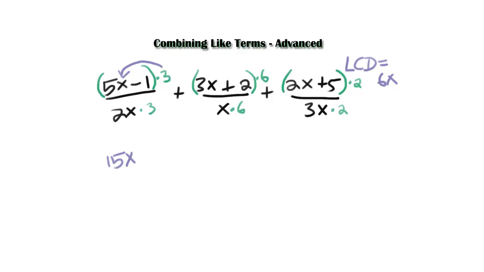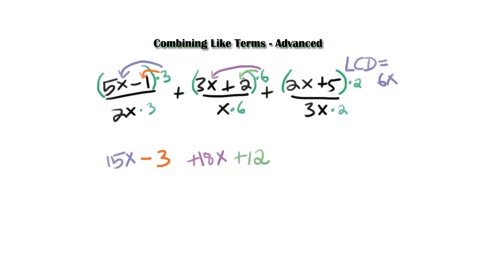And then 3 times a negative 1, that gives us a negative 3. Okay? And then same thing, let's go with this one here. 6 times the 3x gives us an 18x positive. And then 6 times the 2 will give us 12.